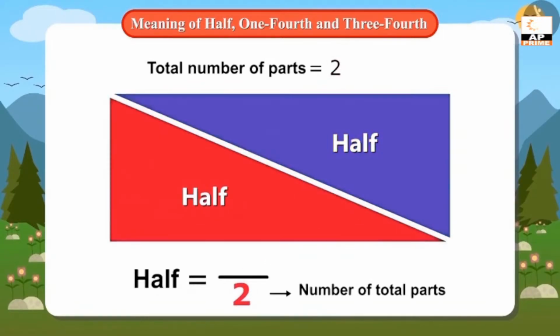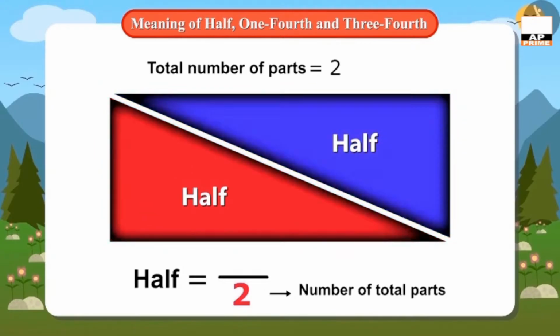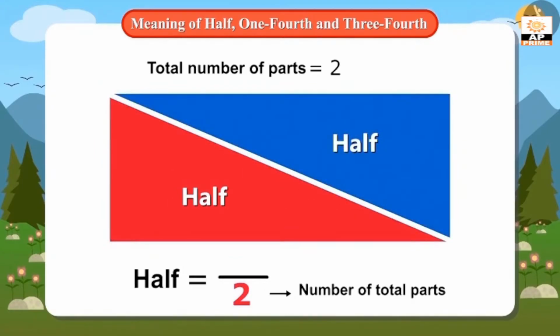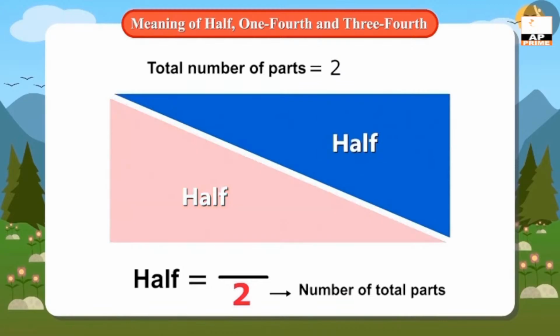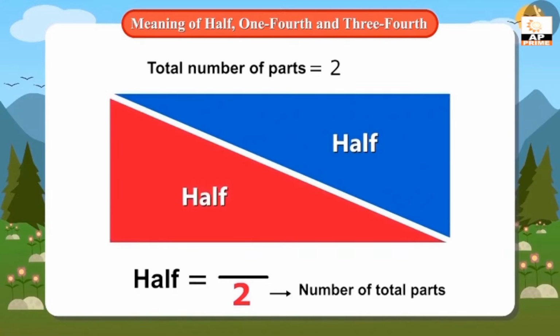Now tell me, how many of these 2 parts will be called half? Madam, one of these 2 parts will be called half. Absolutely right. So we will put 1 above this line. What does it mean? It means 1 out of 2 parts.